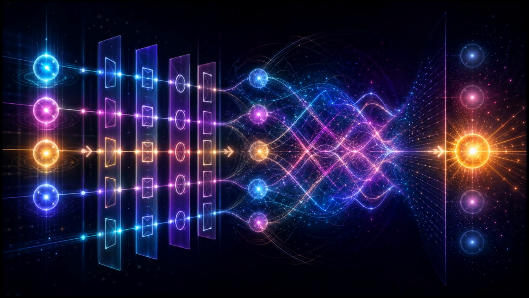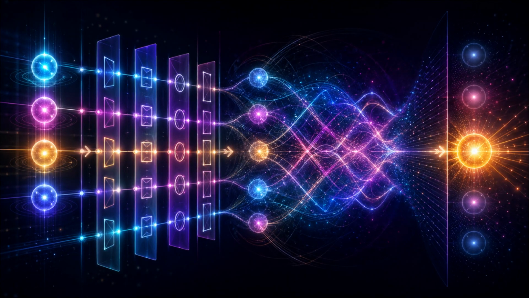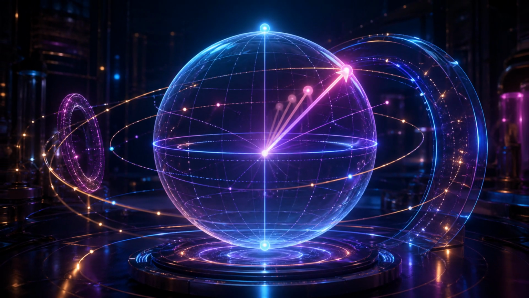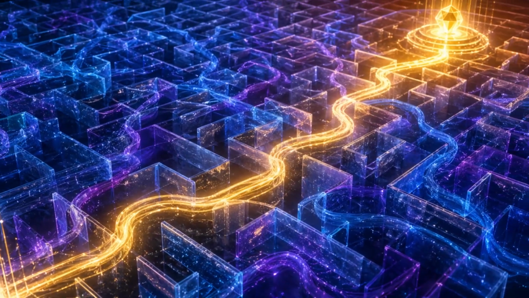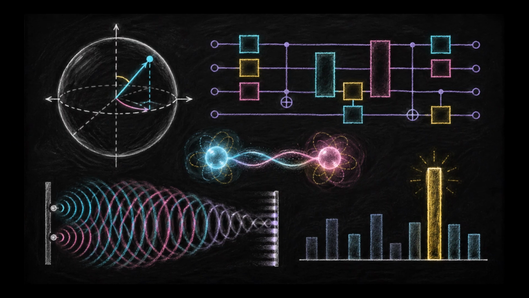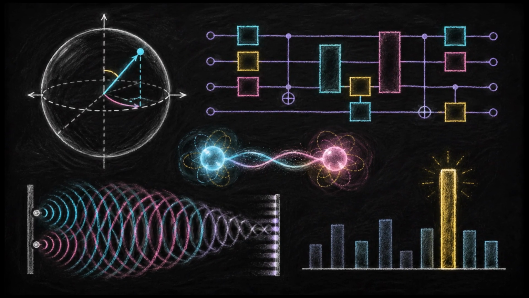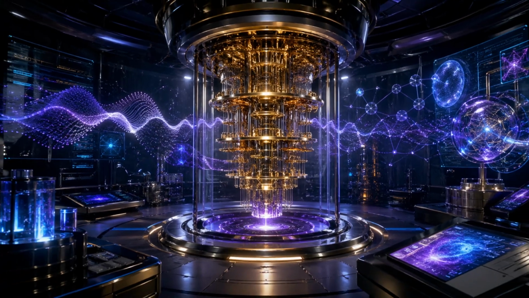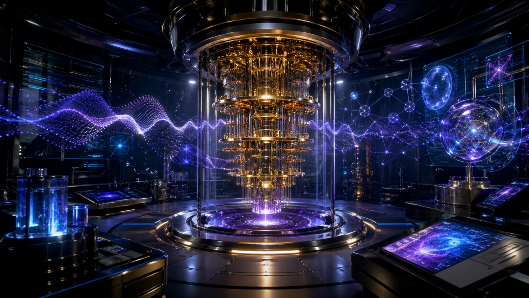If they oppose each other, they can cancel out. Quantum algorithms are designed in a similar way. They try to amplify the paths that lead to the right answer and reduce the paths that lead to wrong answers. This is why quantum programming is so different from normal programming. You are not just writing instructions step by step, you are shaping probabilities.